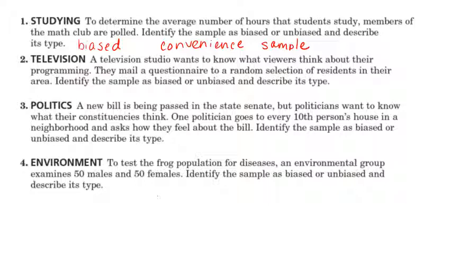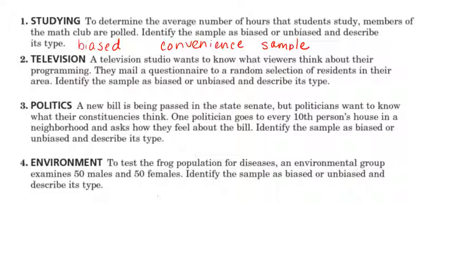Example 2. A television studio wants to know what viewers think about their programming. They mail a questionnaire to a random selection of residents in their area. Identify the sample as biased or unbiased and describe the type.